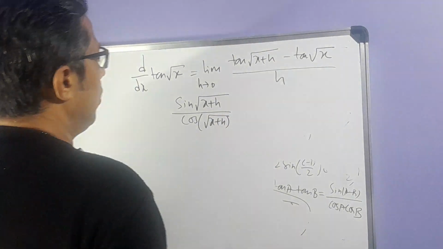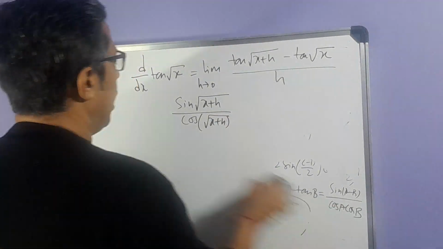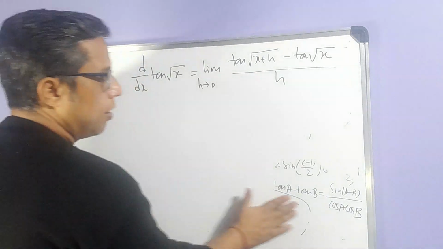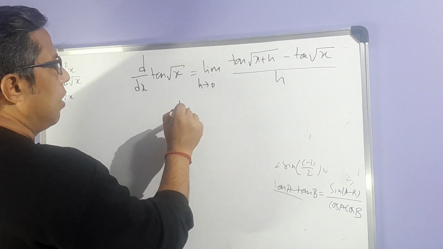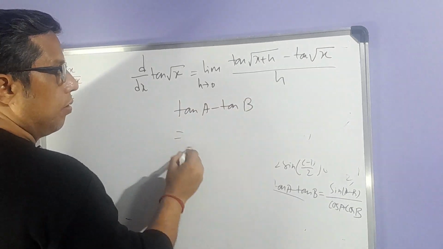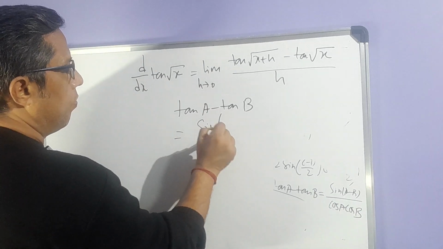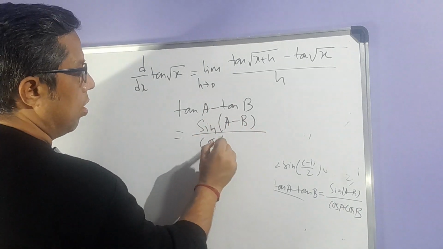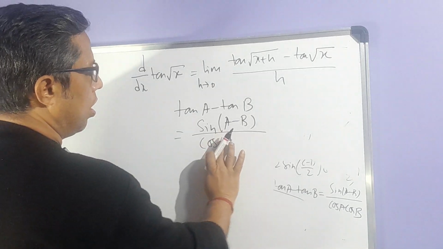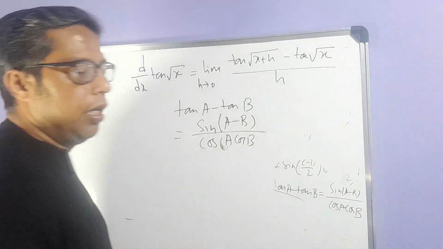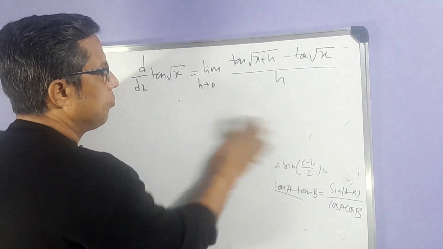Let's go for that: tan A minus tan B. You know the formula, tan A minus tan B is equal to sine of A minus B by cos A and cos B. The direct formula. So we can use it to save our time.